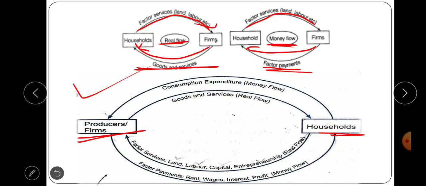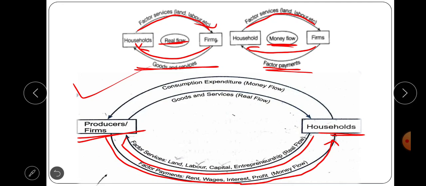Okay, so when these factor services, that is land, labor, capital and enterprises, that is the real flow, are transferred from household to the firm, in exchange they receive the factor payments, that is rent, wages, interest, profit and money. Okay, so it is in the form of money flow.